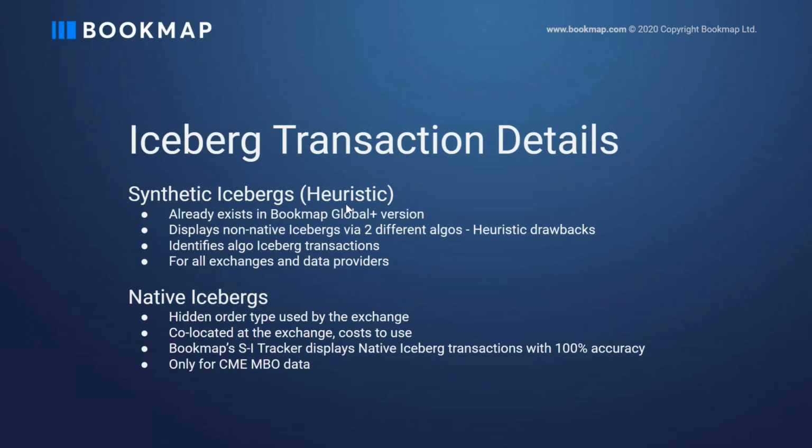It would be an algo, perhaps co-located, perhaps not at the exchange, but they're not using the native iceberg order from the CME. Instead they'll have some sort of algo that will piecemeal out the massive order very quickly. Let's say it's 1,000 S&P contracts, send out 100. When that transacts, it sends out the next 100, very quickly. But there are advantages to using the native iceberg orders.